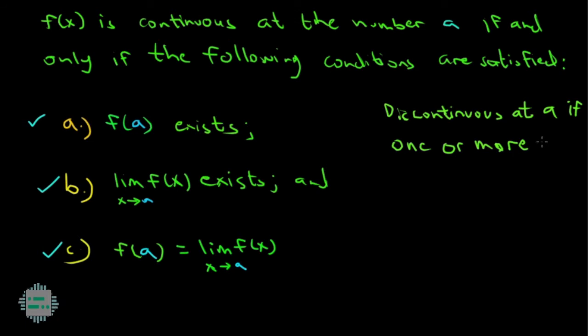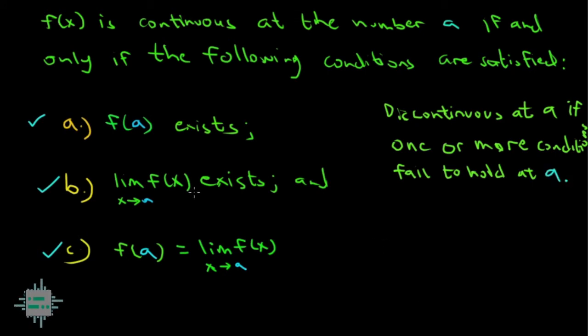One or more conditions na lang, sabihin natin. One or more conditions fail to hold at a. So that's the only time na yung function natin ay hindi magiging continuous.